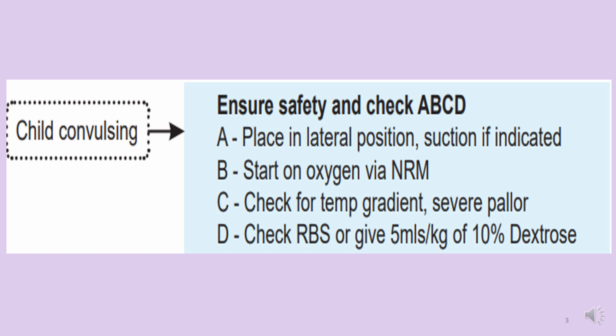After that, once your airway is clear and well positioned, and the child is on oxygen, you can assess for circulatory adequacy. So you want to palpate the extremities, the hands and the feet, for temperature. If they are cold, then you need to check the temperature gradient, how far up the cold is coming, because you want to rule out any possibility of circulatory failure.